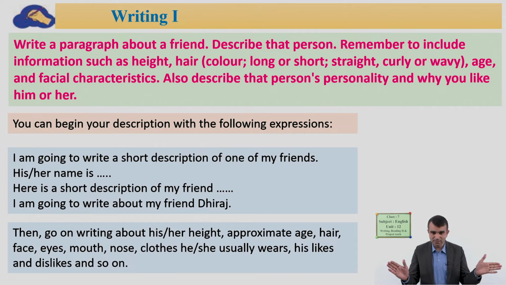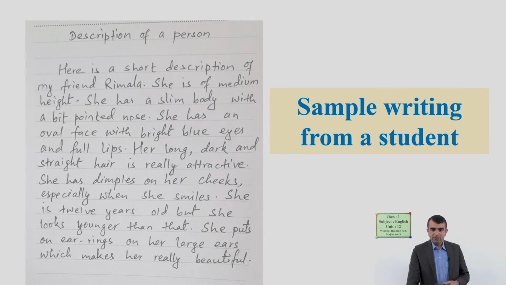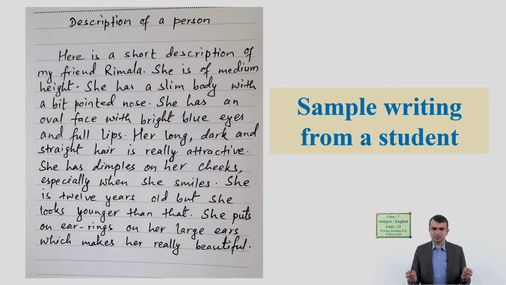Can you do it? Very good. You can do it very clearly. Just write a description. Now here is one short description about facial characters, or let's say appearance, of a person. Description of a person. You can start like this and go on to describe your friend, a longer one.